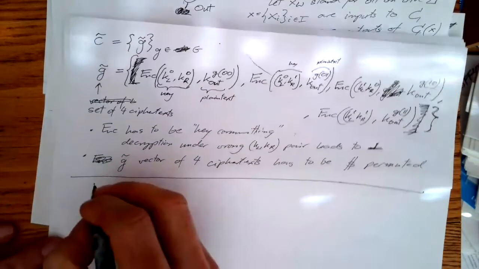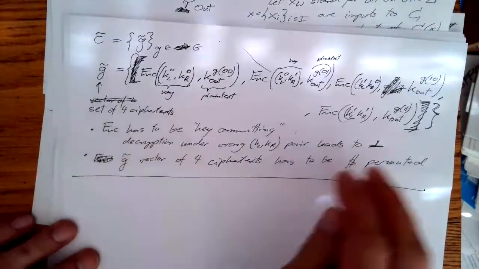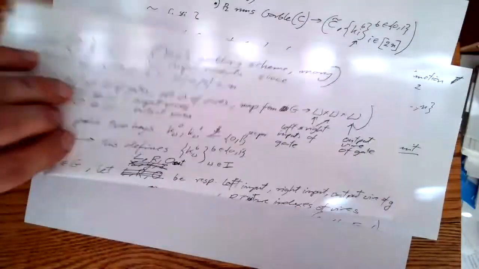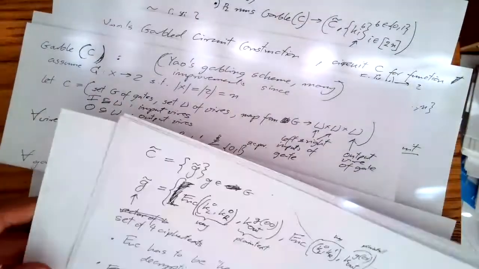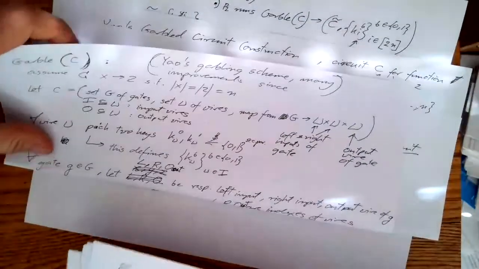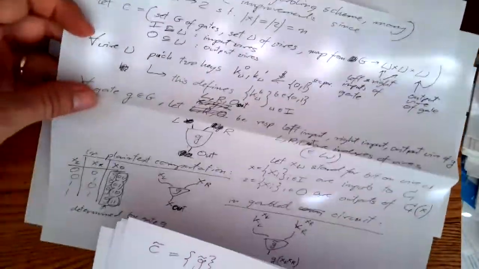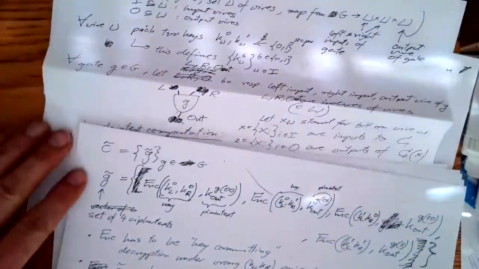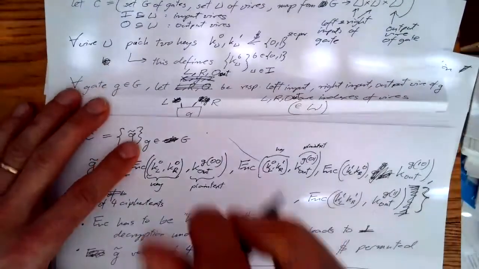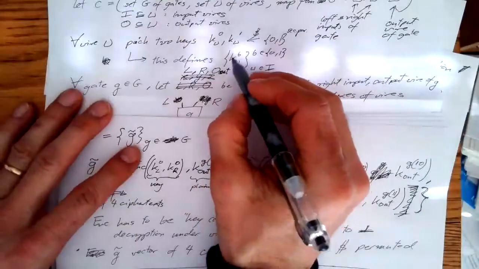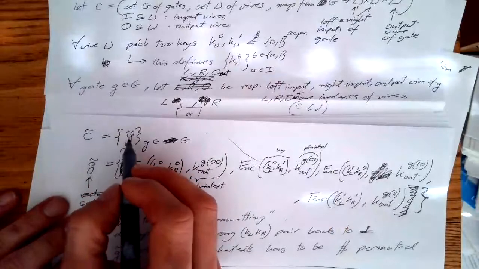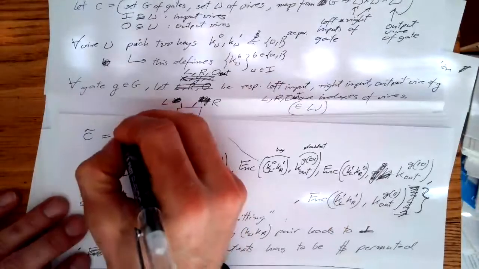The final piece is, so what do we have? We already have this vector of garbled keys, and we almost have the garbled circuit.